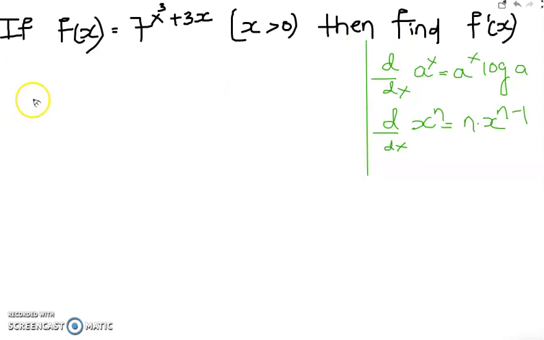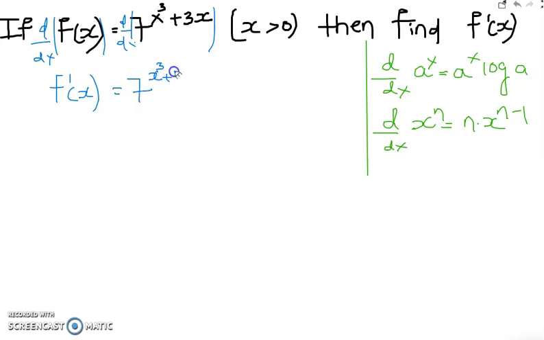Now, how to solve this? First thing we should do is differentiate with respect to x, d by dx. d by dx of f of x is nothing but f dash of x, equal to 7 power (x cube plus 3x) log 7, into d by dx of (x cube plus 3x).